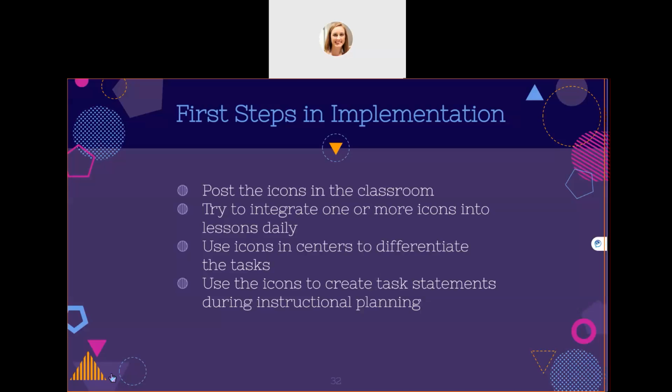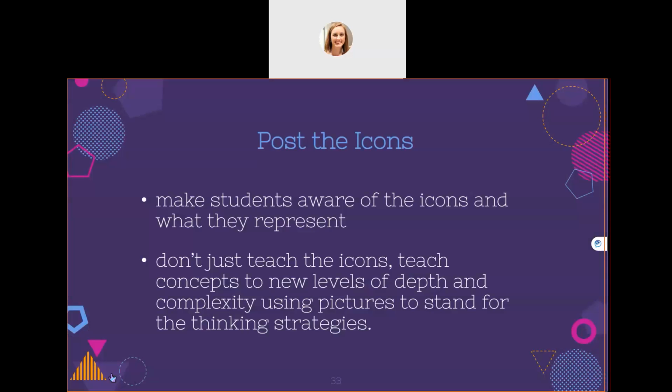So when you post the icons, this makes the students aware of the icons and what they represent. But don't just teach the icons. You're teaching the concepts to new levels of depth and complexity. The pictures are just there to remind them of the thinking strategies that they should be going through as they interact with the content.